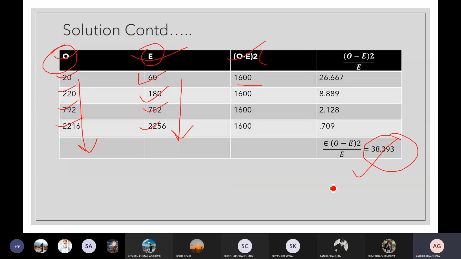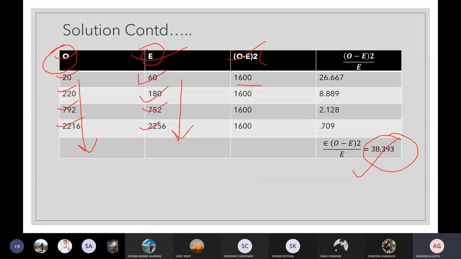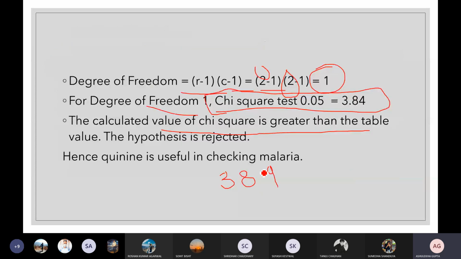So our calculated value is 38.393. This amount is greater than what? Than 3.84, right?